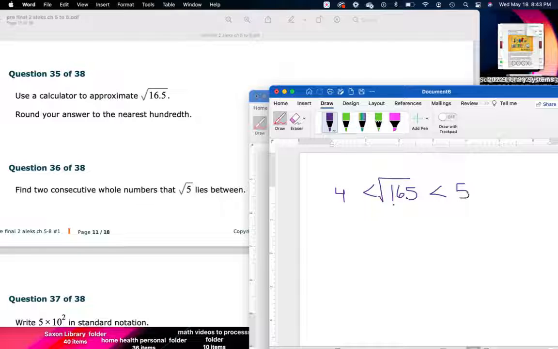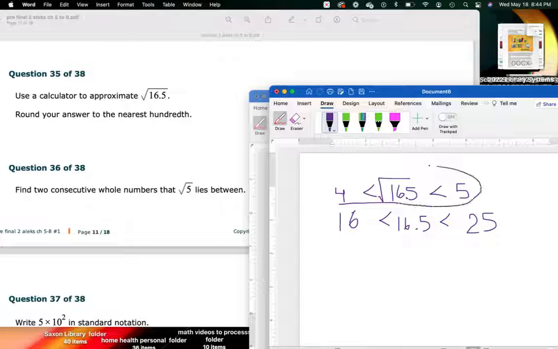Now I know that because if I square each one of these, 4 squared is 16. And the square of the square root gives me what's underneath it. And the square of 5 is 25. So we end up with 16 is less than 16.5 is less than 25, which is true. So I take the square root of each one of those and go back to this. So the answer to this is between 4 and 5.